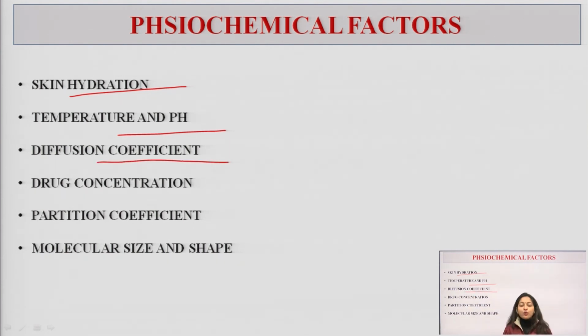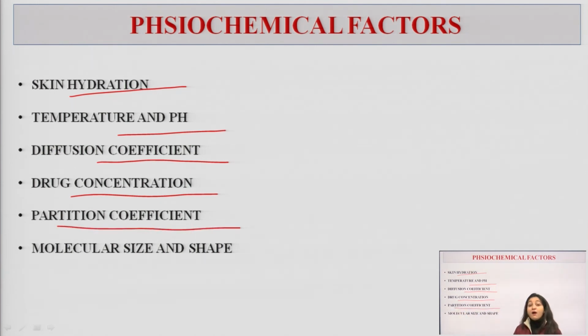If the diffusion coefficient is high, the permeation or penetration is going to be high. If the partition coefficient is low, we are not going to get a high diffusion. Then drug concentration. If the drug concentration is high, it means that the drug or formulation has penetrated a particular pathway. If the drug concentration is low, it means that the medicament has been exposed to certain conditions where the drug was degraded.